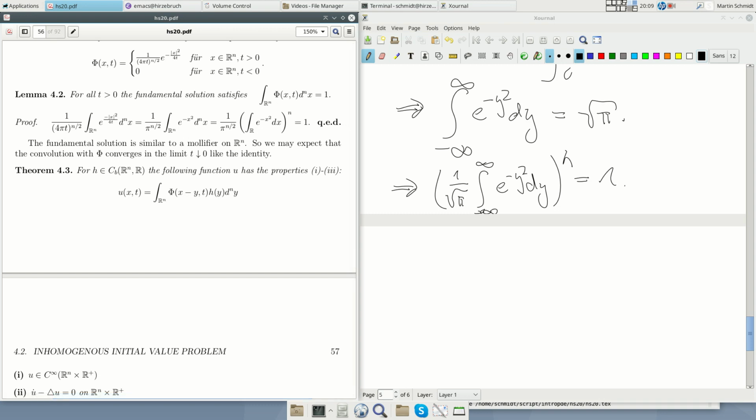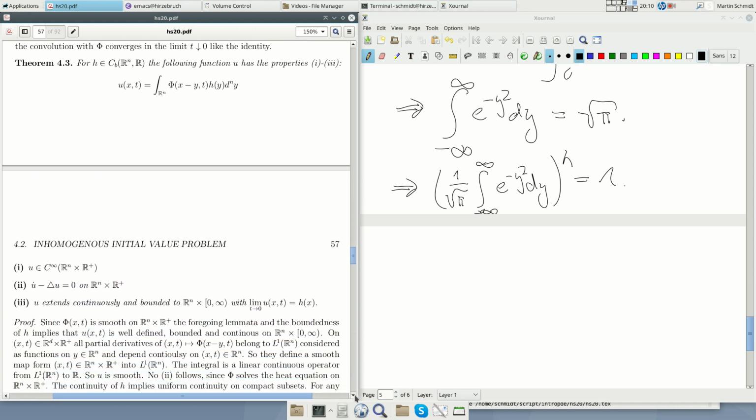Okay, and this again has a very similar consequence like in the Laplace equation. This time we obtain not a solution of the boundary problem, but of the initial value problem. Let's see, what is the statement? Now we have this theorem. We have a bounded continuous function h on Rn, a real bounded continuous function.